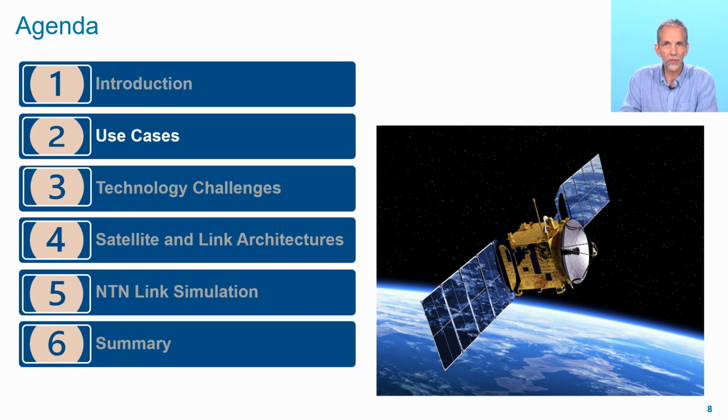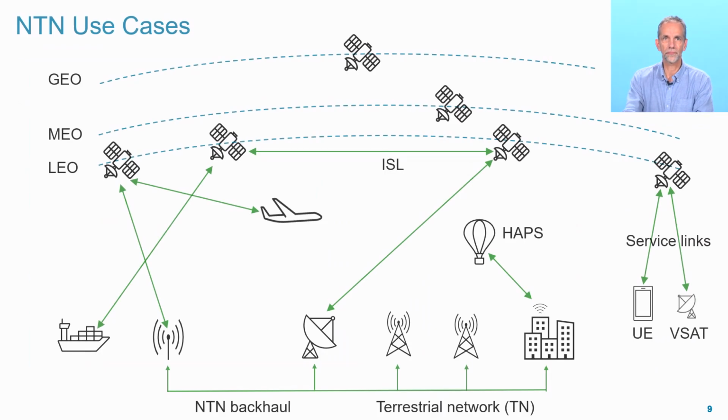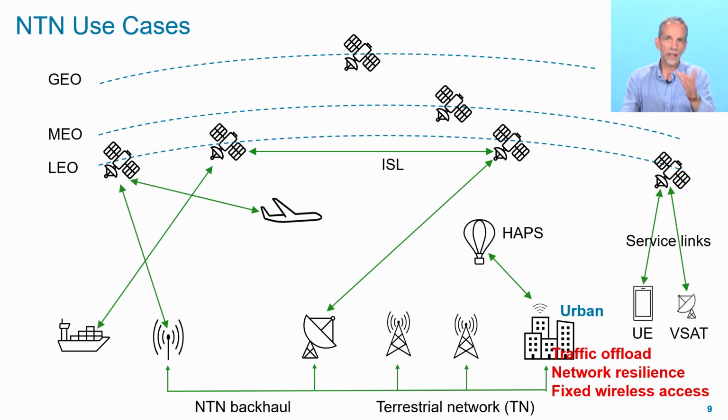Let's talk a little bit more about use cases. Here's our diagram that we showed a moment ago. Let's drill into some of the unique scenarios where use cases apply. In an urban area, again, we talked about traffic offload, network resilience. So NTNs are meant primarily to provide network ubiquity and resilience and reliability. And so that's where it will really happen in an urban environment.